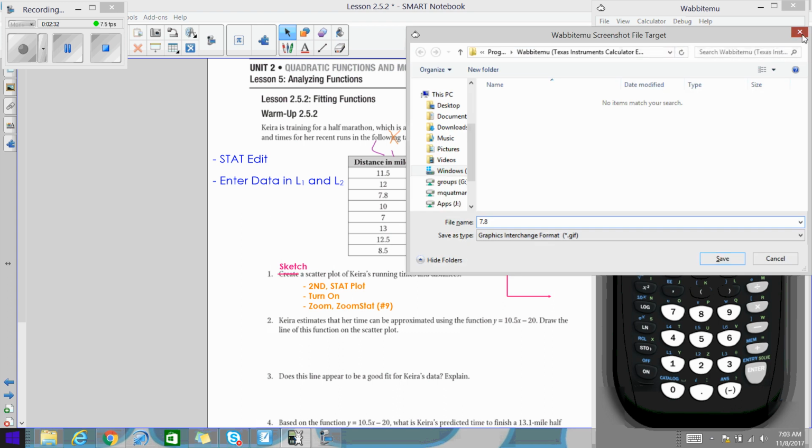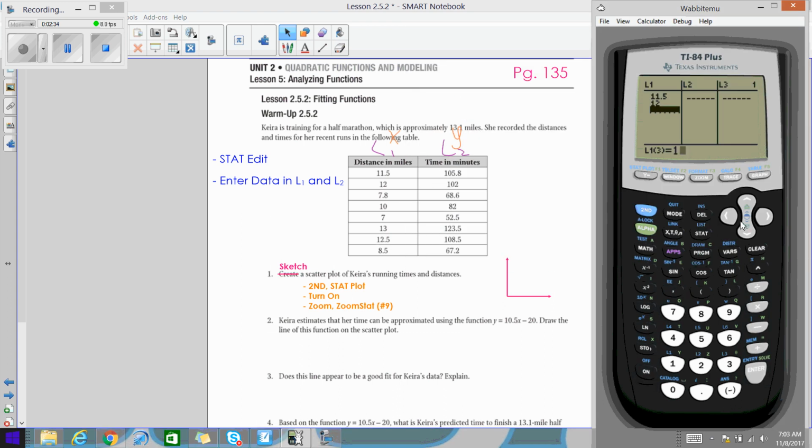Oops. 7.8, 10, 7, 13, 5, and 8.5. Once you've gotten in your L1s, you go over to the L2 column and put in your L2s also.